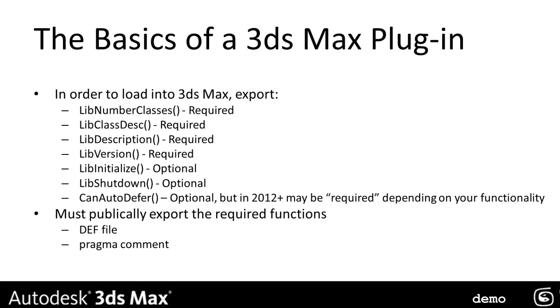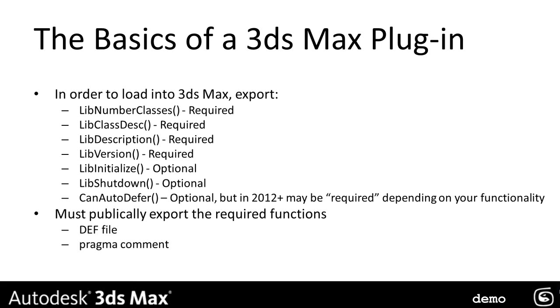So in order to load into 3ds Max, you also have to export certain functions. So first of all, we have a few functions that define the classes within the plugin itself. So you can have more than one class. So this is what the lib number of classes defines.